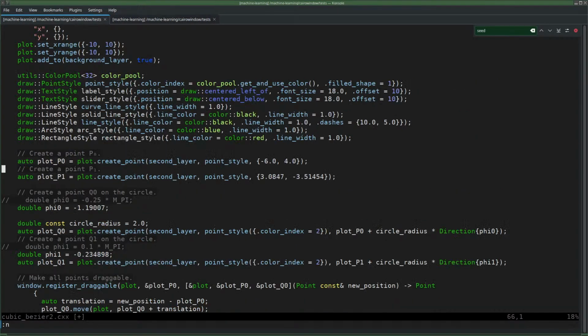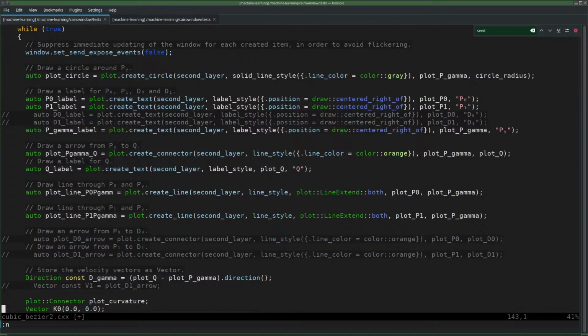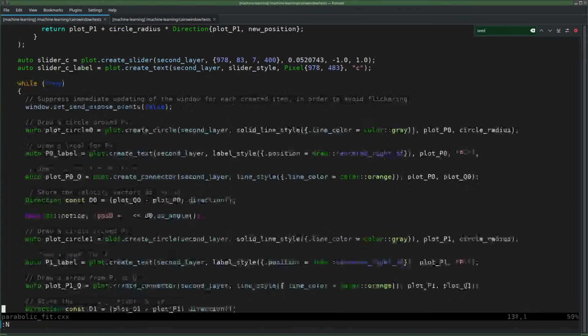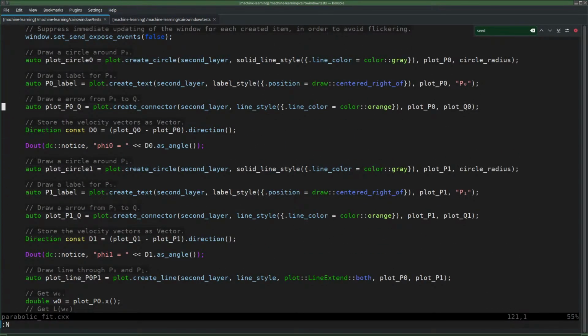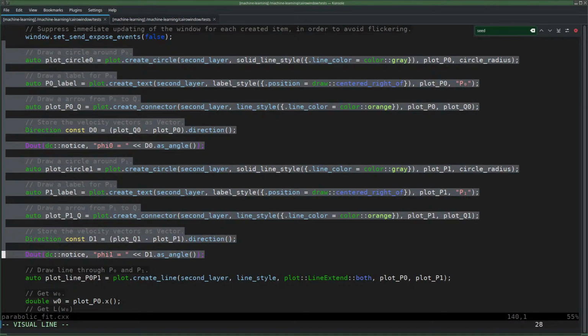And then this loop here is doing, in those that expose events false. And then we need to draw circles, labels, get the direction. Let's copy all of this. Draw a line through P0 and P1. Oh, I don't need that, I think. Let's copy this.